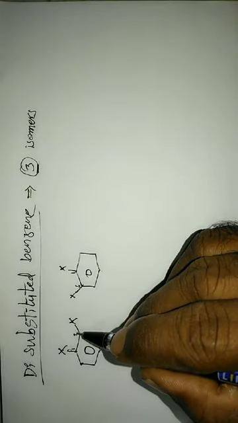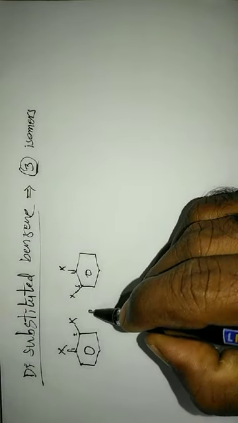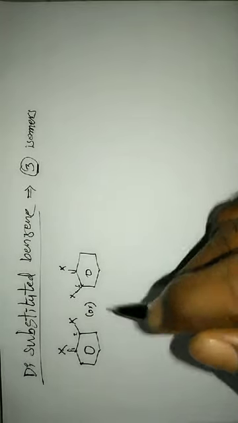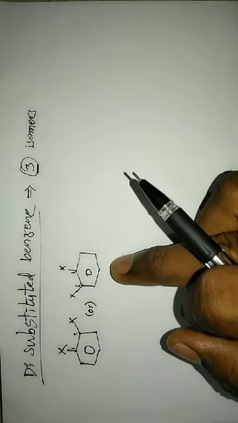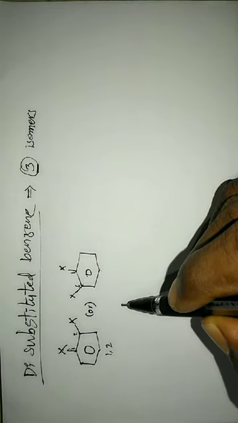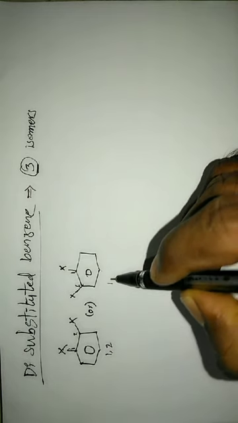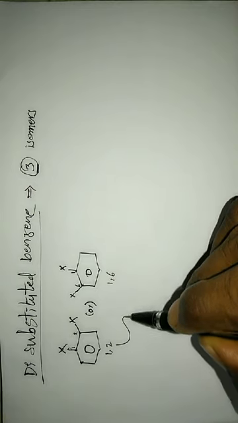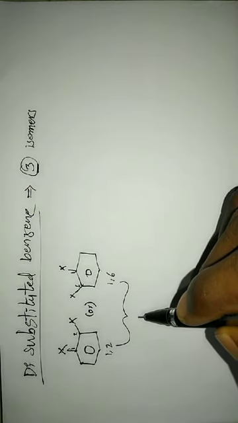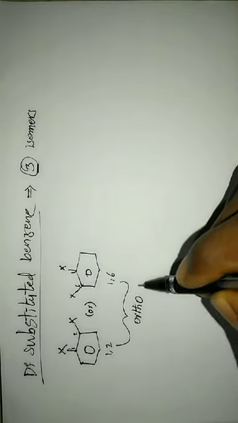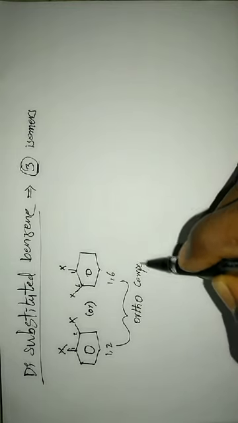The 1, 2 and 1, 6 positions are equivalent positions, the same position. That's why these two compounds are the same. Here, 1, 2 disubstituted benzene or 1, 6 disubstituted benzene: these two are called ortho compounds.